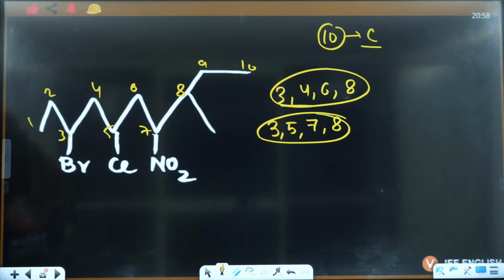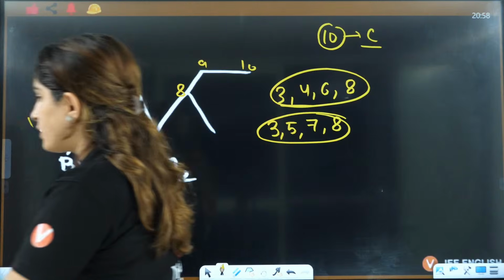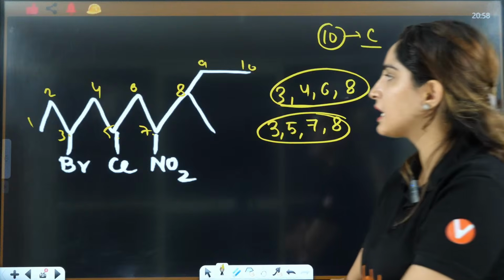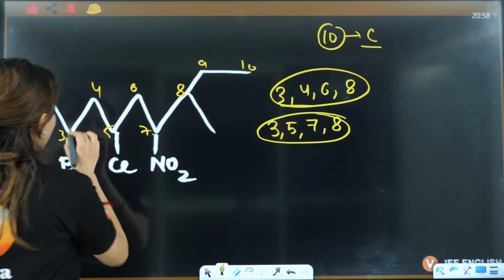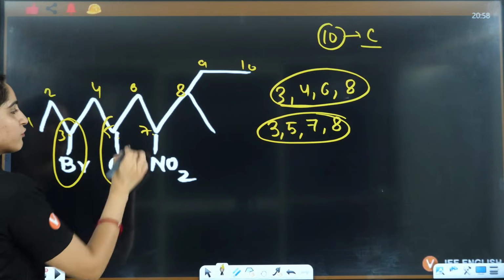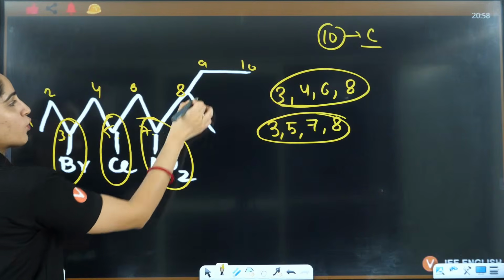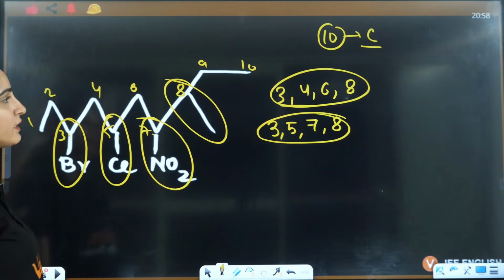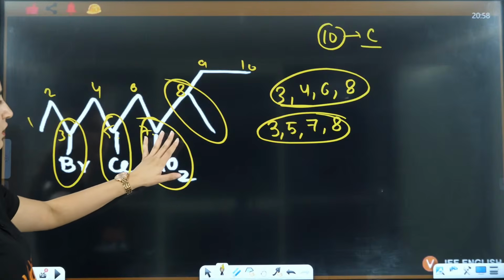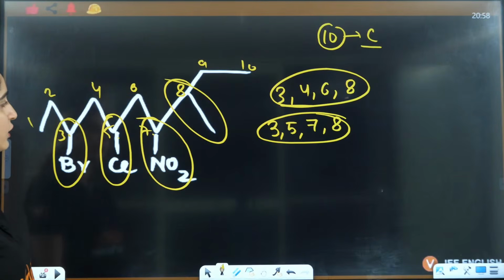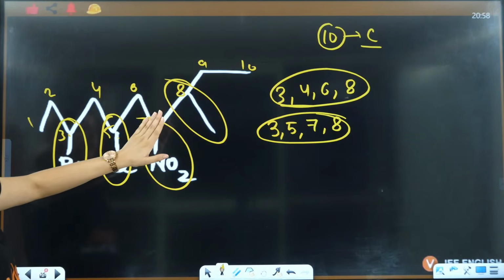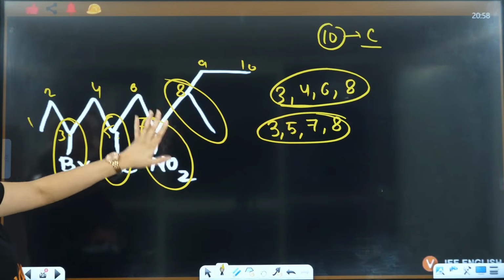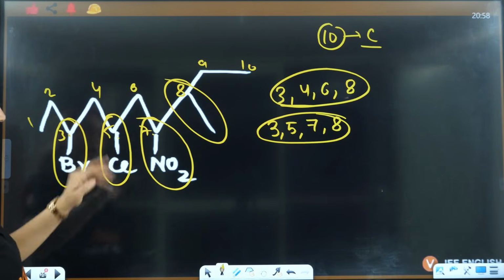3-butyl 4-propyl, okay, that is good, but what about this one, right? So see, here I am getting 3-bromo, 5-chloro, 7-nitro, 8-methyl. There I am getting 3-methyl, 4-nitro, 5-chloro, 6-bromo.